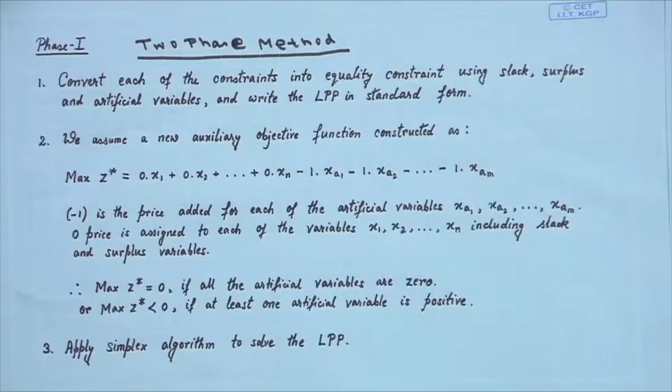Step 1: Convert each of the constraints into equality constraints using slack, surplus and artificial variables, and write the LPP in standard format. Please note this one, step 1 we have already done for the simplex approach and for the BGAM approach.